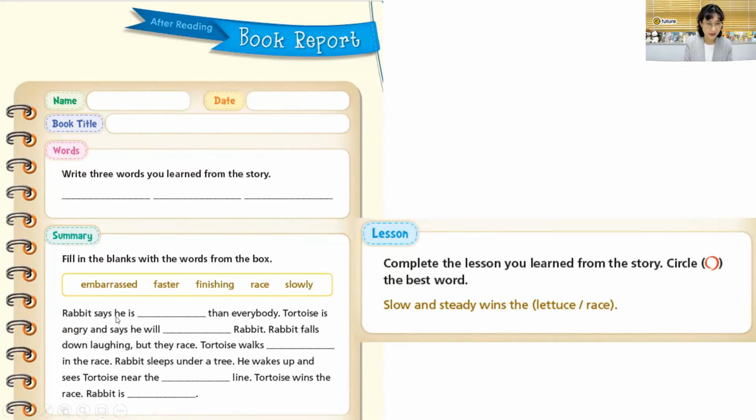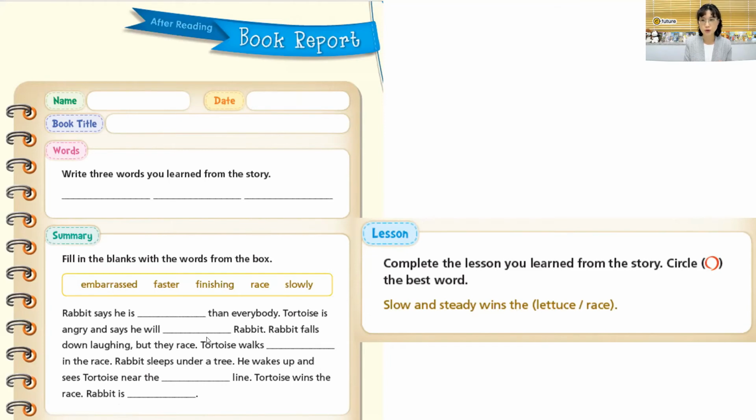Rabbit says he is blank than everybody. So what's the word for this blank? Anyone? Faster, right? That's right. Rabbit says he's faster than everybody, right? Tortoise is angry and says he will blank rabbit.